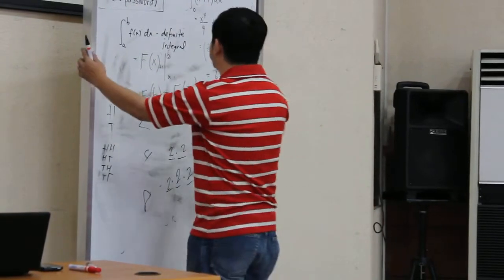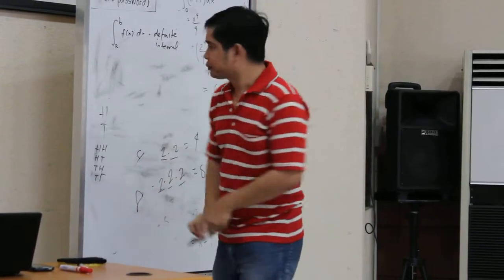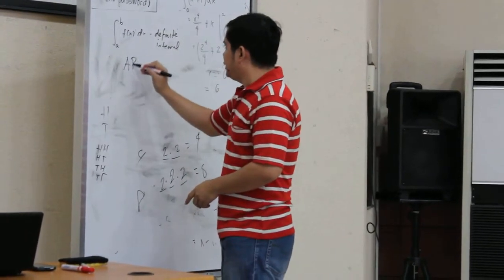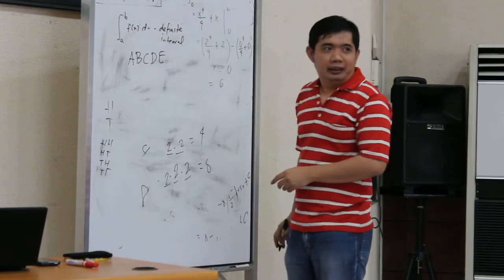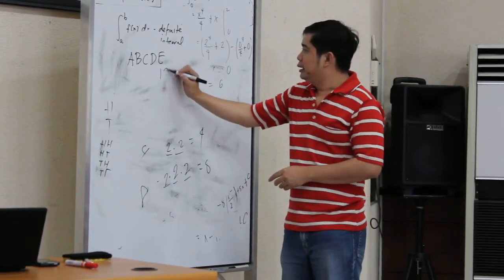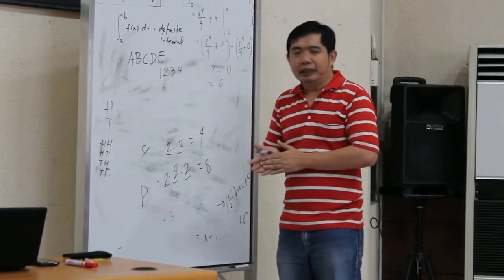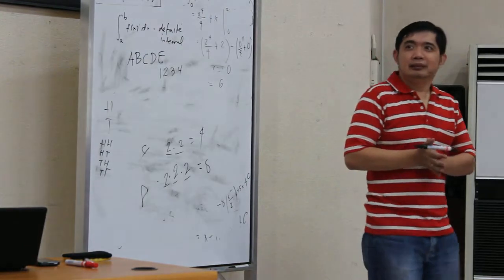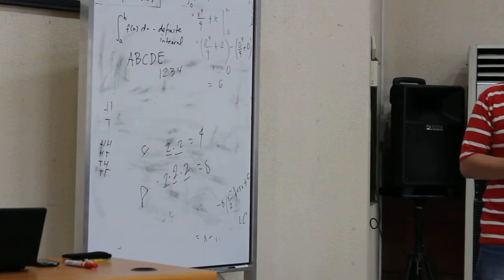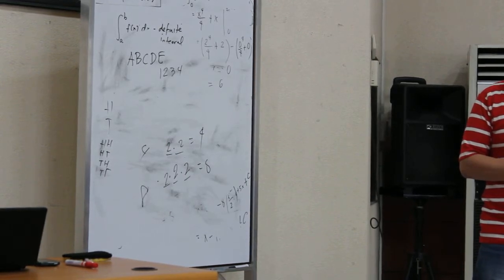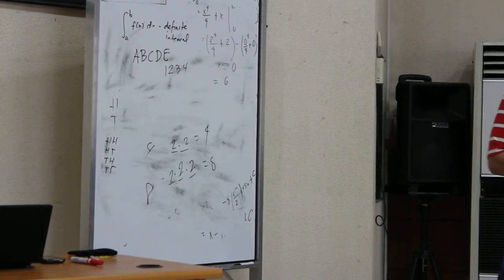For instance, I will form from the letters A, B, C, D, E and from the numbers 1, 2, 3, 4. I will use these letters and digits to form license plates consisting of 3 letters and 3 numbers.